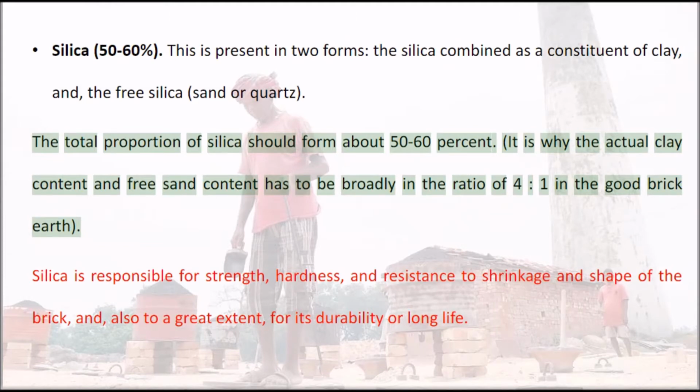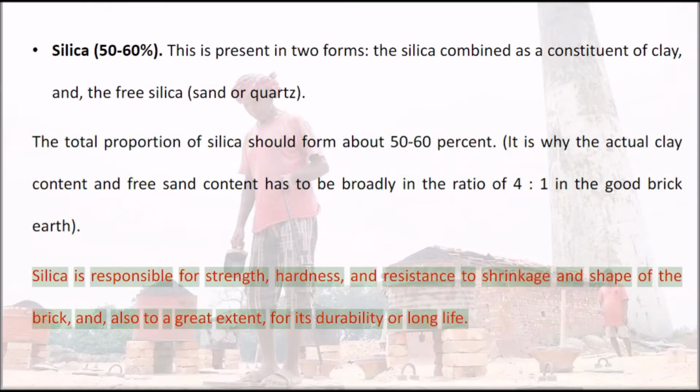It is why the actual clay content and free sand content has to be broadly in the ratio of 4:1 in the good brick earth. Silica is responsible for strength, hardness, and resistance to shrinkage and shape of the brick, and also to a great extent, for its durability or long life.